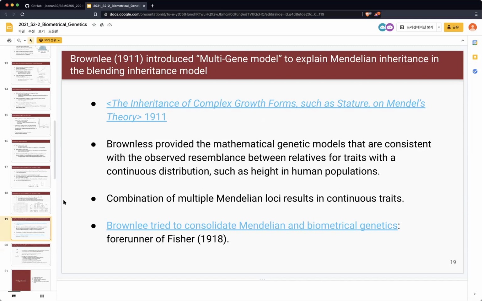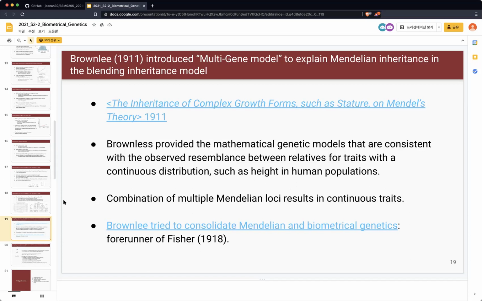Some of the biometricians were totally opposed to what Mendel proposed: Mendelian genetics is total nonsense, and we don't take that concept. But other people thought, okay, probably Mendelian genetics can work with the biometricians' idea.